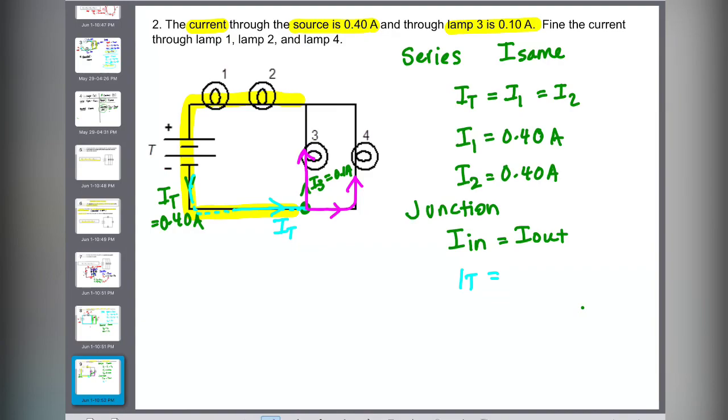Do you see how it splits in two? So at the dot, I have I3 and I4. The total current going in is this turquoise one, and the current has split into two: your I3 and your I4. I know IT is 0.4 and I3 is 0.1. Doing the math, I4 is 0.3.